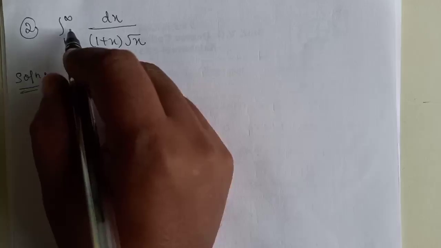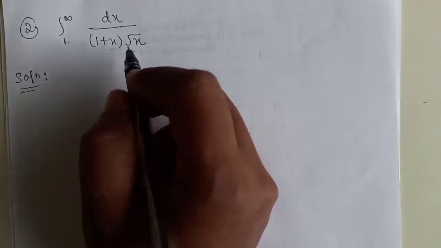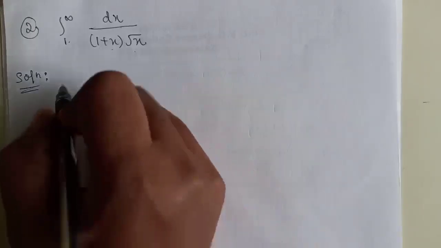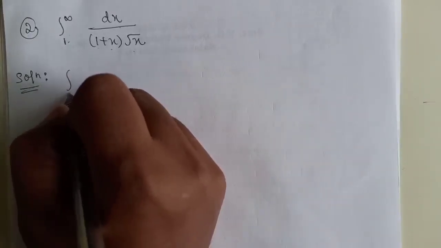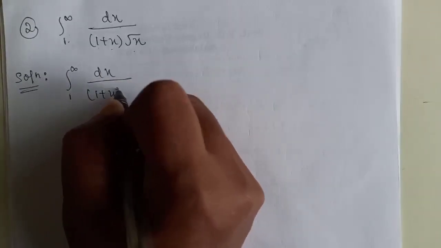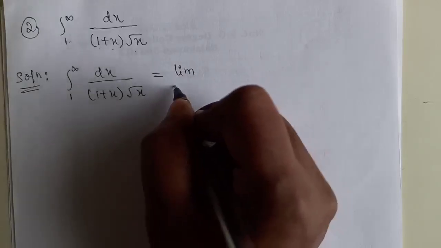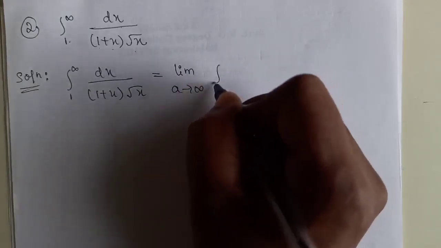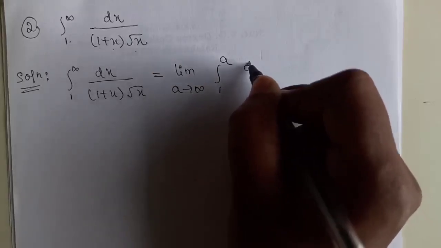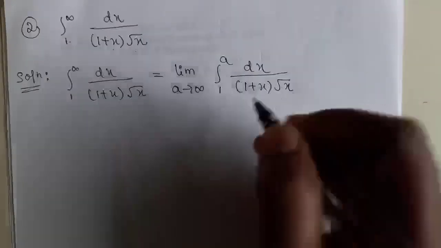Second one: integration from 1 to infinity of dx divided by (1 plus x) into root x. We can write this in terms of a limit as a tends to infinity, integration from 1 to a of dx over (1 plus x) root x.